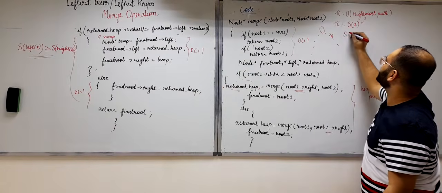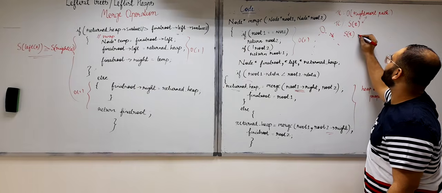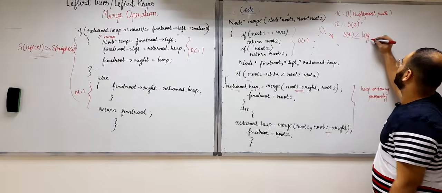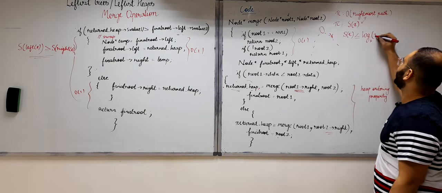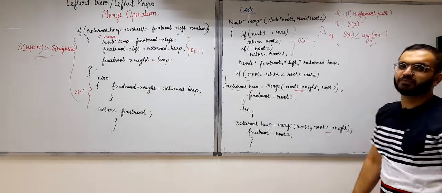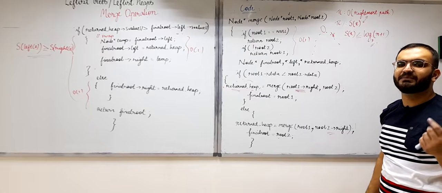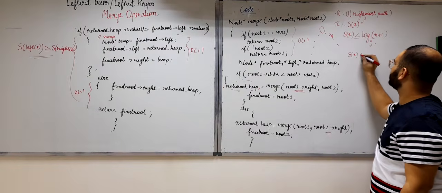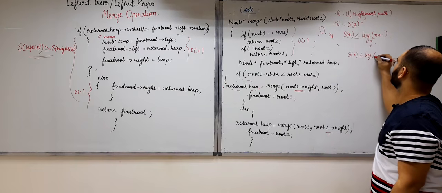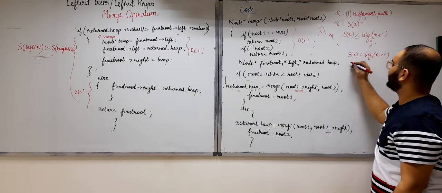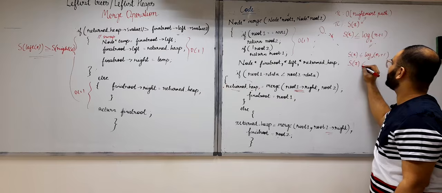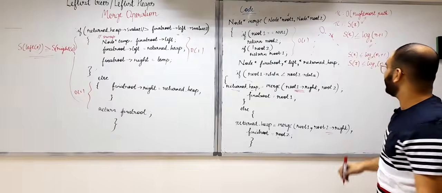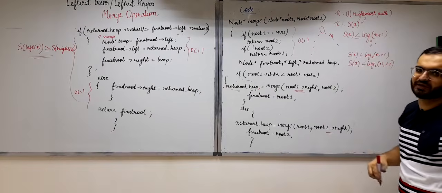And we have also learned in one of the properties that the S value is at most log to the base 2 of n plus 1. Suppose the first leftist heap has n1 nodes, so its rightmost path will be at most log to the base 2 of n1 plus 1, right? And suppose the second leftist heap has n2 nodes, so its rightmost path will be at most log to the base 2 of n2 plus 1.